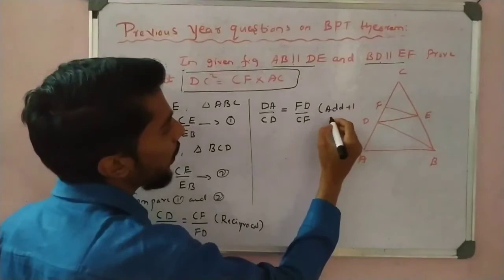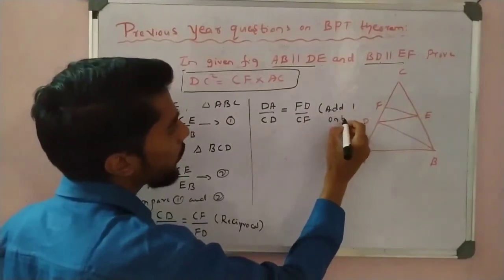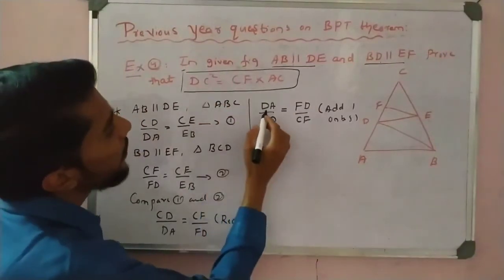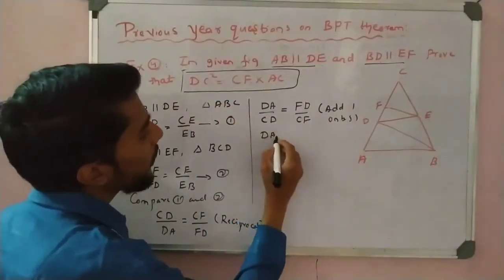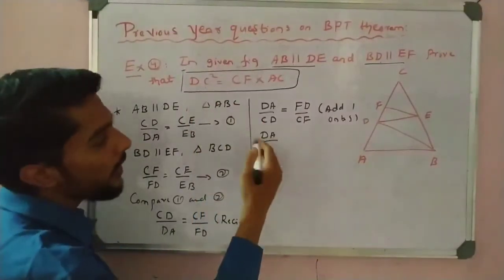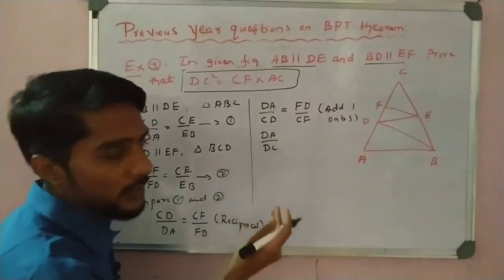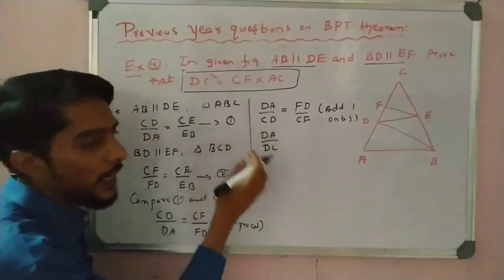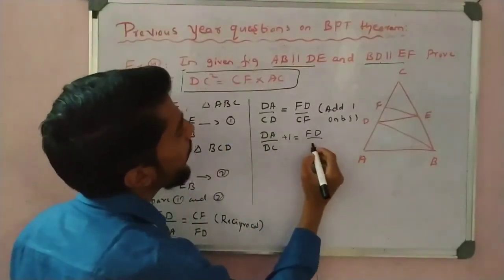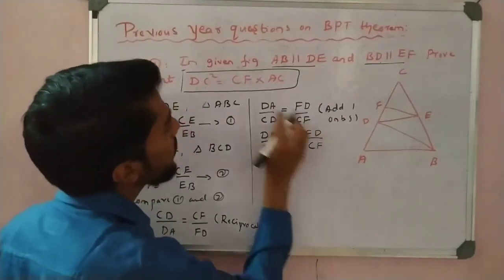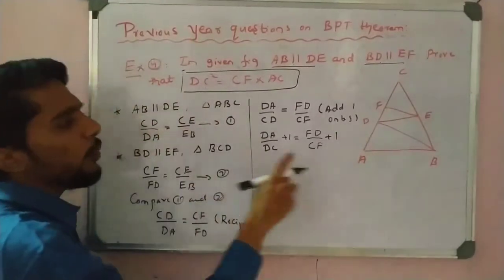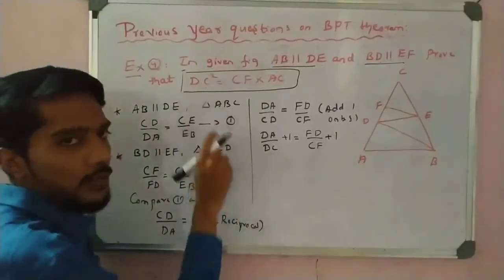Add 1 on both sides. I can make it DC, because DC is given; to match exactly I can write DC. So plus 1 is equal to FD divided by CF, plus 1. It is no problem if we write CD, but we have to match exactly.